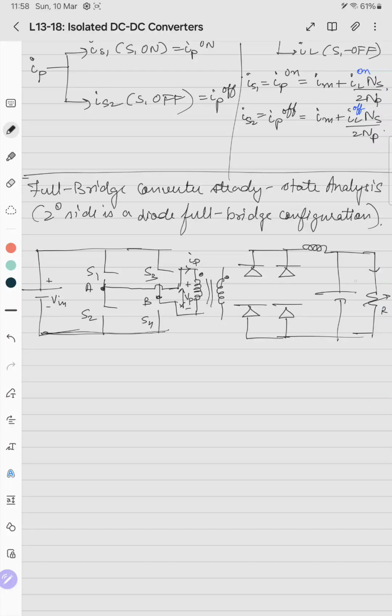This is R and this is I load, this is V0 plus minus, this is C, this is IC, this is L, this is IL, this is VL plus minus, and this point is connected here and this point is connected here, C, D. This is D1, this is D2, this is D3, and this is D4.